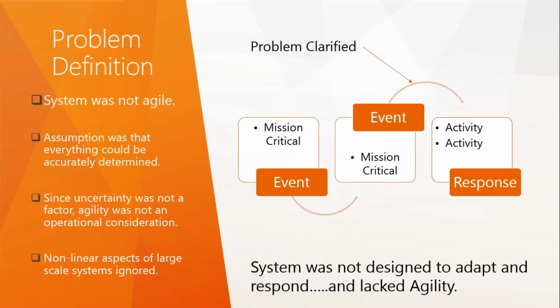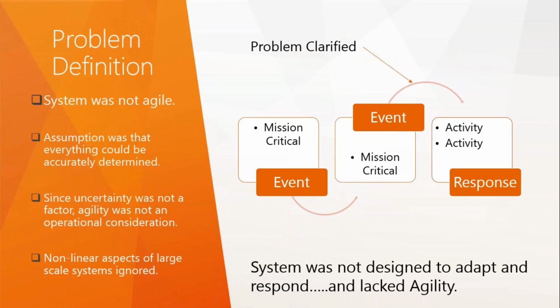And so we had to change our perspective. We had to change the way we were thinking about things, and we had to change our problem definition and solution generation algorithms to figure out how we could then employ agile systems. So the problem was the system was not agile.